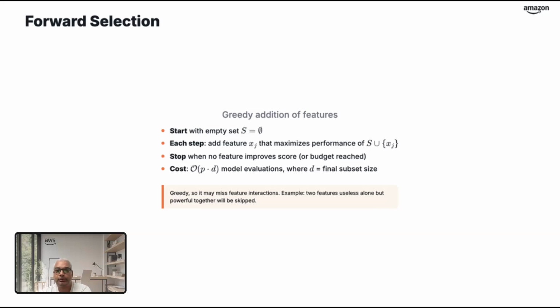We'll discuss forward selection in this context, where forward selection starts empty and greedily adds one feature at a time, keeping whichever gives the best improvement. And this is much cheaper than an exhaustive search. The limitation is that it is greedy, so it cannot discover interactions where two features are useless alone but powerful together.